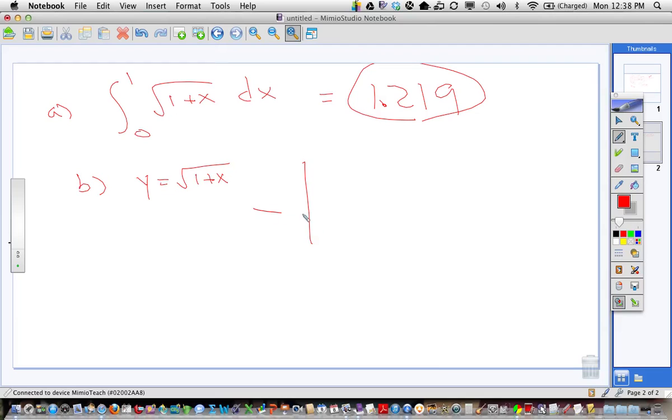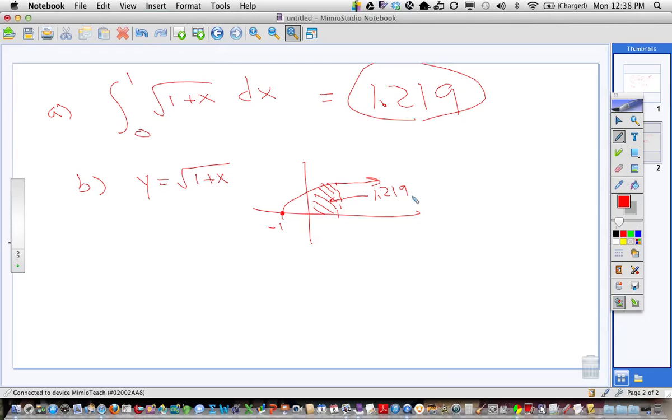So we draw a sketch of that, and this would be the square root graph, just shifted 1 back to the left. So this would be that picture right here, from 0 to 1. It would just be this piece of area right here. So that piece of area right there is 1.219. Right? That's the area from 0 to 1 under this curve.